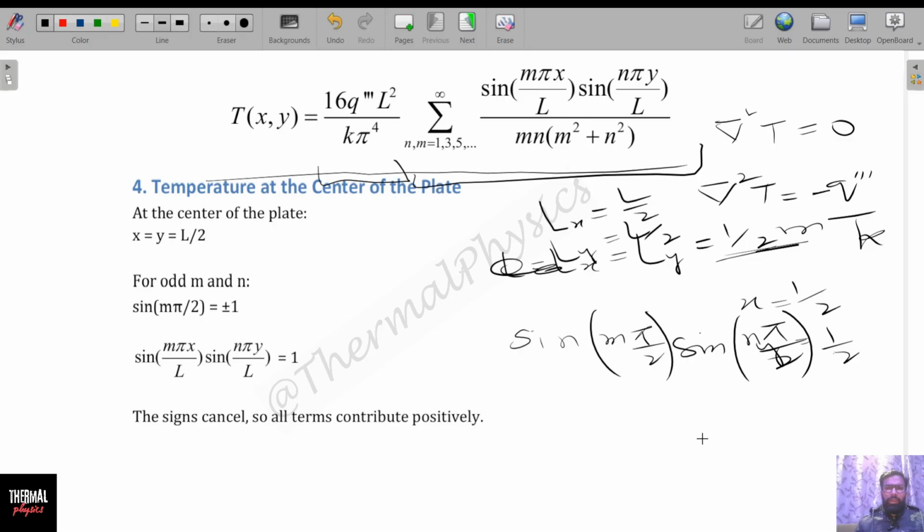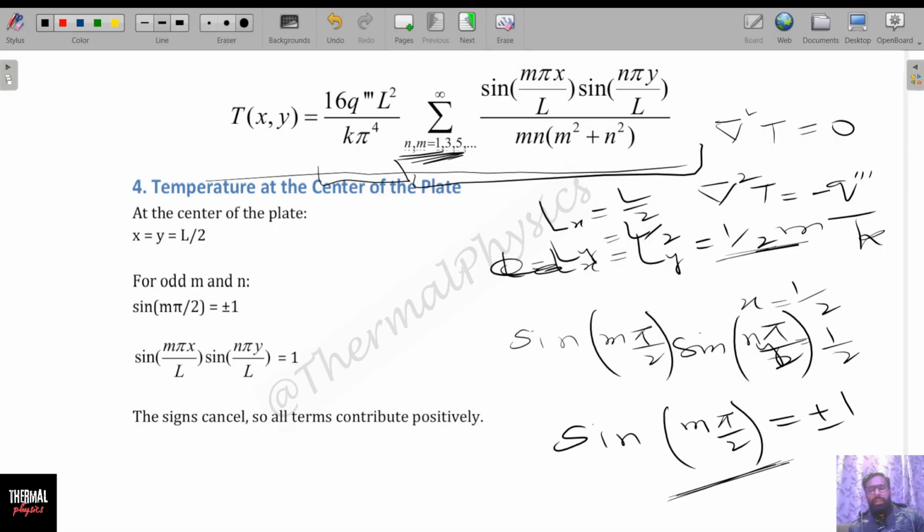We can see n and m are both always odd, and sine of odd multiples of pi by 2 is either plus 1 or minus 1. For example, 1 times pi by 2 gives 1, and 3 times pi by 2 gives minus 1, so they alternately change their signs. So one thing is clear: their values are going to be either plus 1 or minus 1.